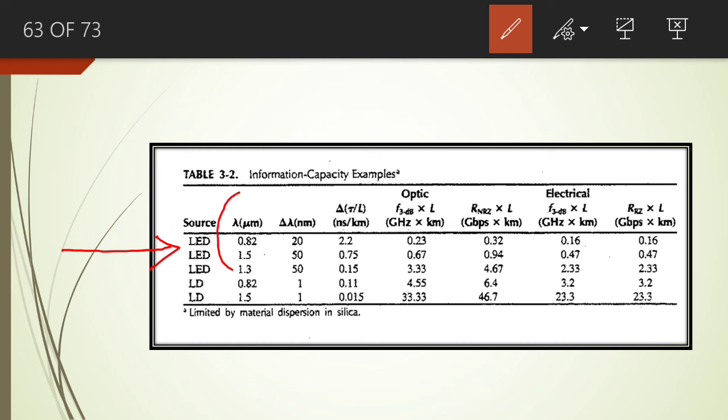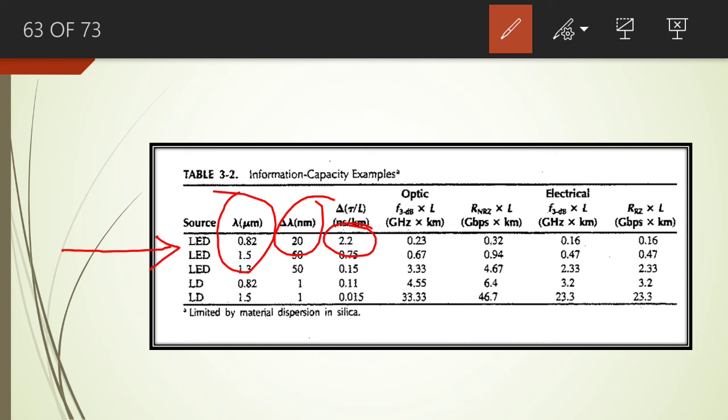The wavelength was 0.82, and the spectral width of the source was 20. We calculated the pulse spread, and the pulse spread was 2200 picosecond per kilometer, or 2.2 nanosecond per kilometer.